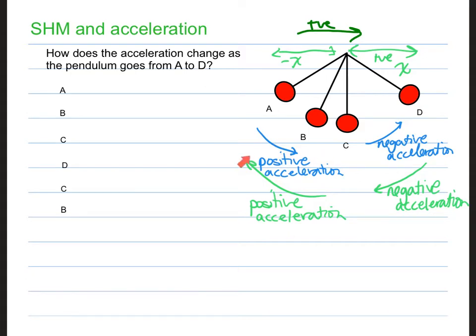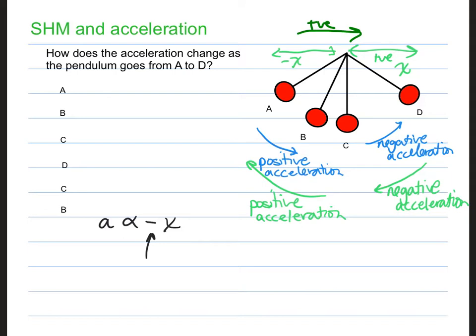Likewise, on this side of equilibrium where my x, or my displacement, is negative, I have a positive acceleration. So what that gives me is a relationship that the acceleration is proportional to negative x. And that negative is there because when I have positive acceleration, I actually have a negative displacement.